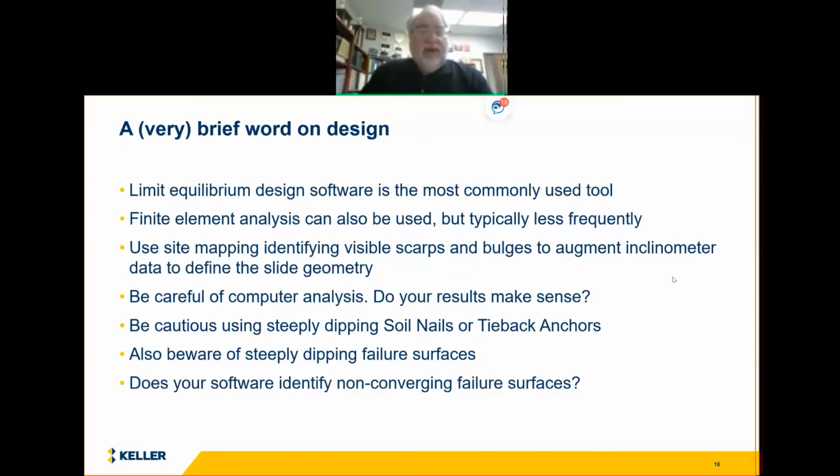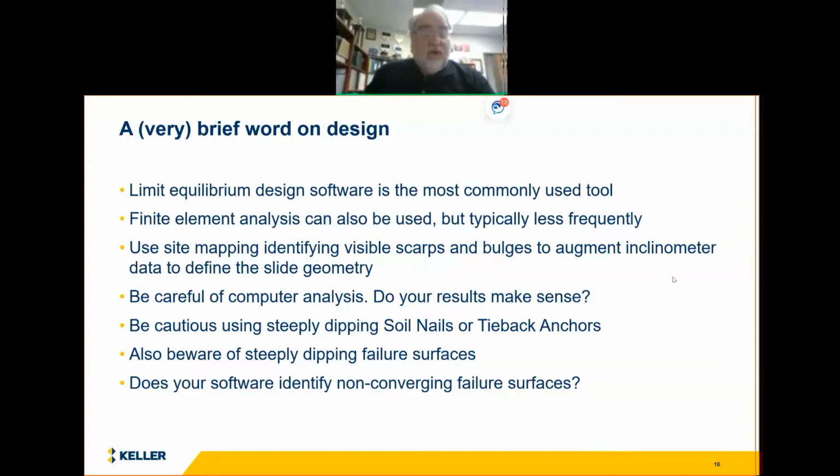So be very cautious whenever you use steeply dipping anchors or nails, and also if you're looking at a very steeply dipping failure surface. It causes an intersection between the nail and the failure surface that can be geometrically very difficult to calculate. And many softwares do not tell you if they have non-convergent failure surfaces.